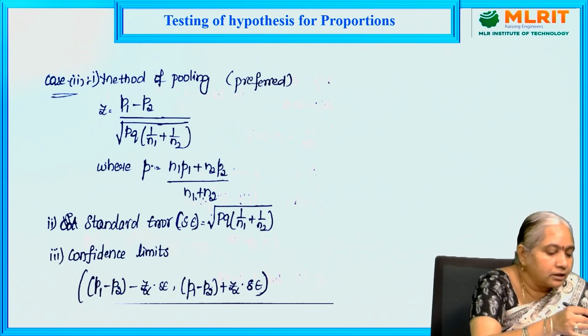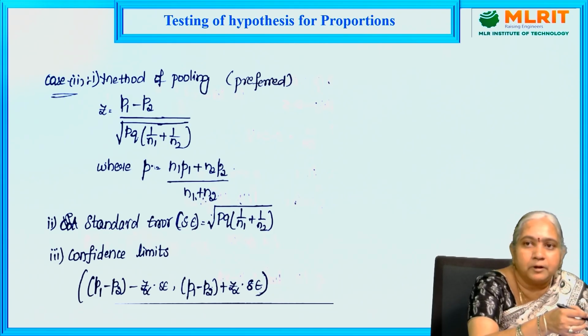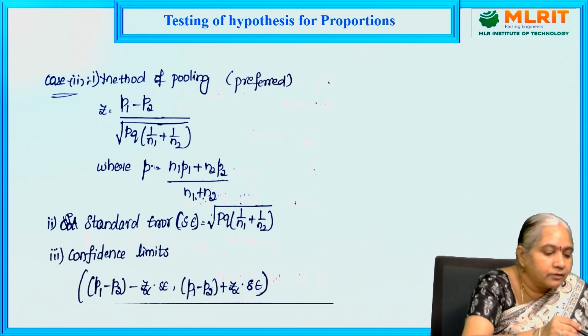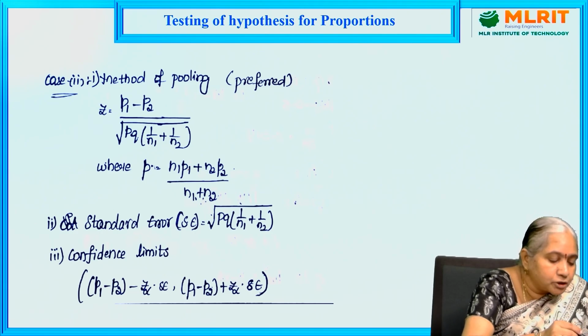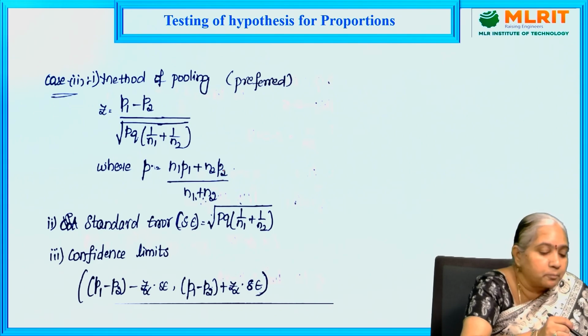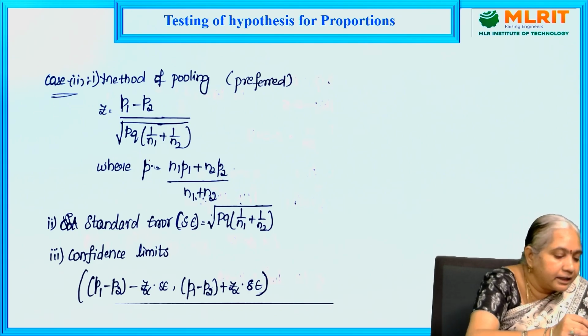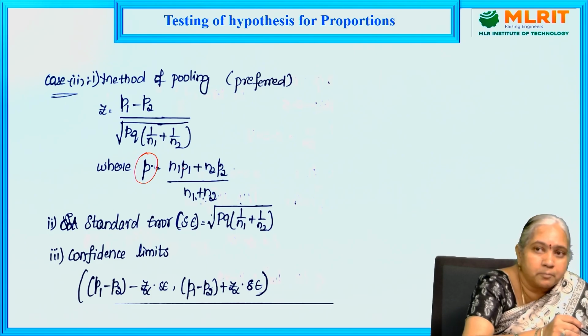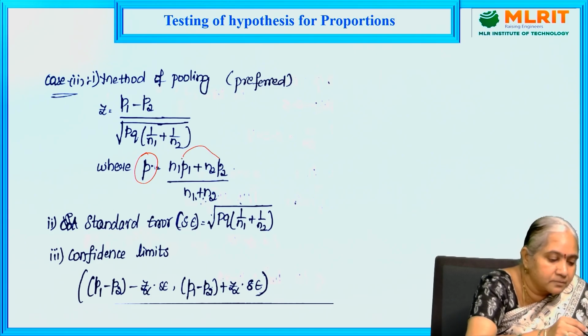We can calculate the common sample proportion using the formula small p equal to n1 p1 plus n2 p2 by n1 plus n2, where n1 is the size of the first sample, n2 the size of the second sample, p1 the proportion of the first sample and p2 the proportion of the second sample. Here small p is the common sample proportion for these two samples.